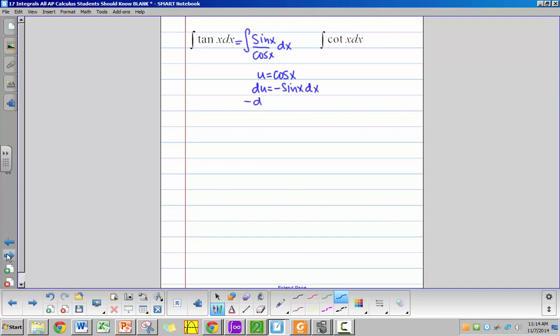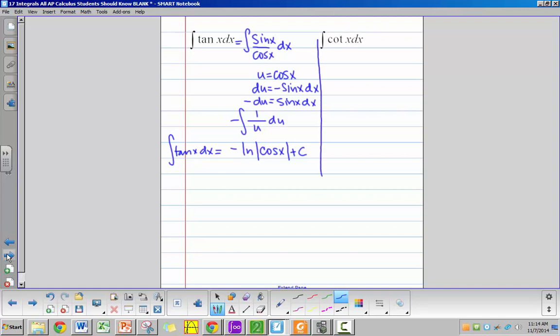Solving for sine x dx, we say negative du equals sine x dx, and substitution is going to be negative 1 over u du, and the antiderivative of that is negative natural log of the absolute value of u, but that's cosine x plus c. So the integral of tangent of x dx is equal to negative ln of the absolute value of cosine x plus c.